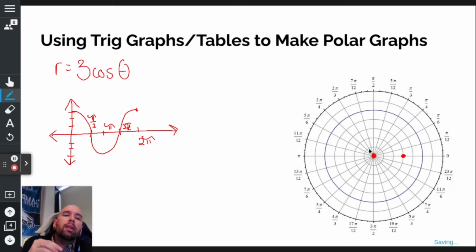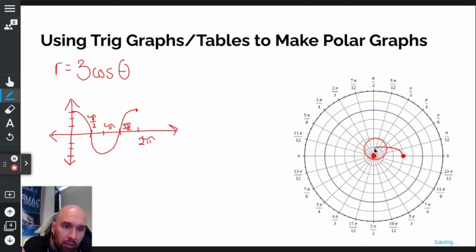Okay, what this is going to look like graphically so far is, as I go from the angle 0 to pi over 2, my magnitude is getting smaller. So as I go from 0 to pi over 2, I am going towards this dot.